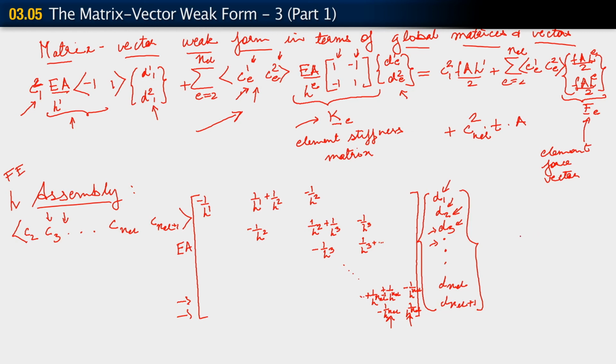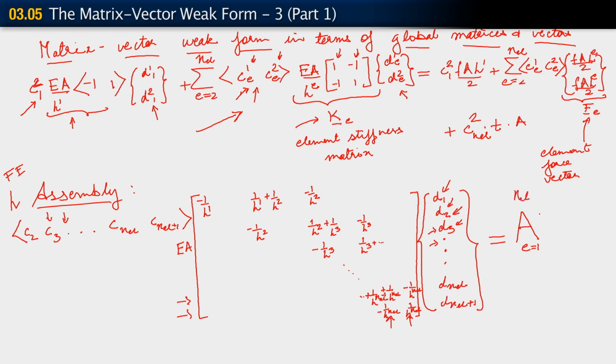Okay? What I'm going to do is to write this out in sort of operator notation. Now, what is often done in the finite element literature is to say that this is the result of assembling over all elements, E equals 1 to NEL.